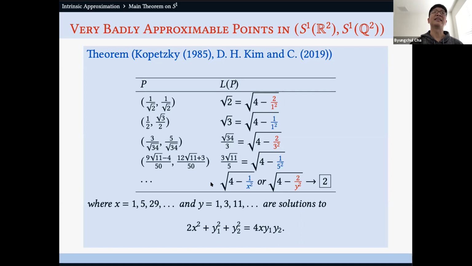What's missing in this statement, but what we are also able to prove, is that using something similar to continued fractions, we can characterize all the very badly approximable points and give their coordinates precisely. That is our theorem.